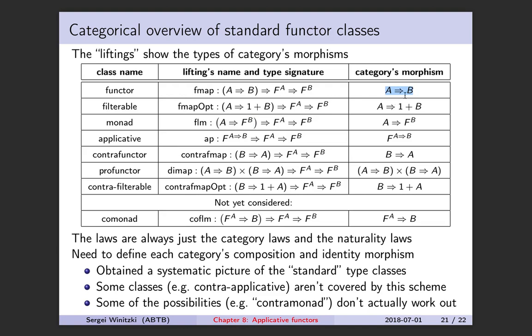A category is described by saying what is the type of the twisted function that it has. A twisted function is also called morphism. So what is the type of morphism that the category has? This type should somehow depend on A and B. So there must be A and B in this type somewhere.